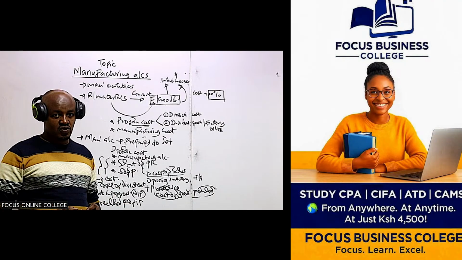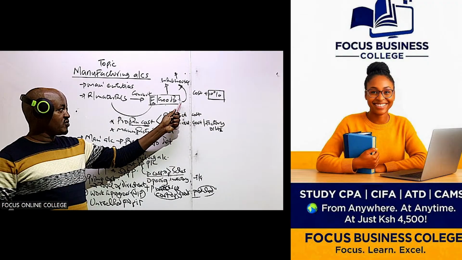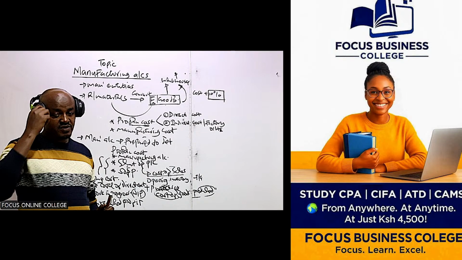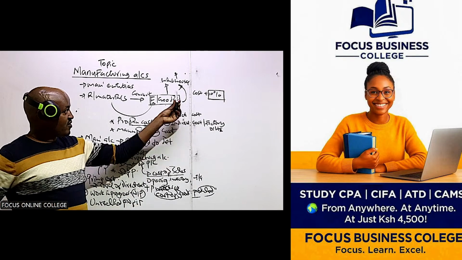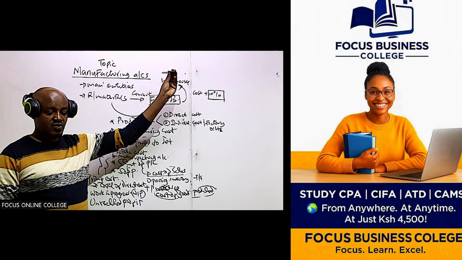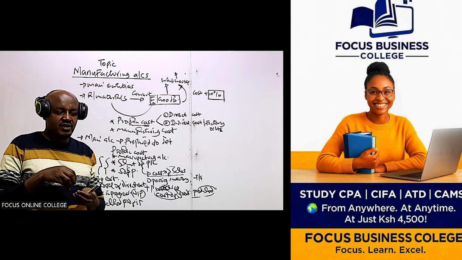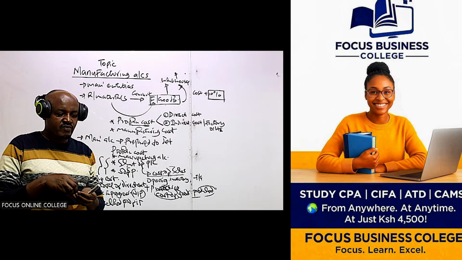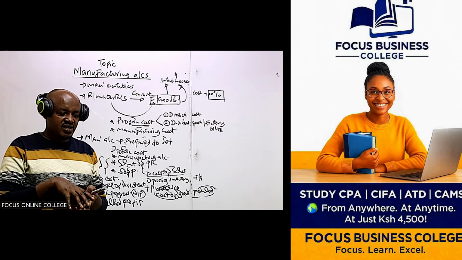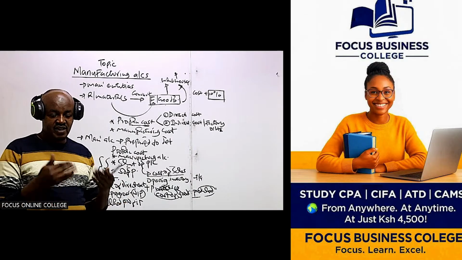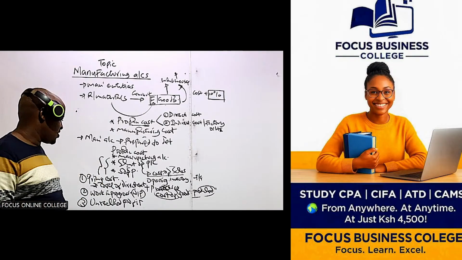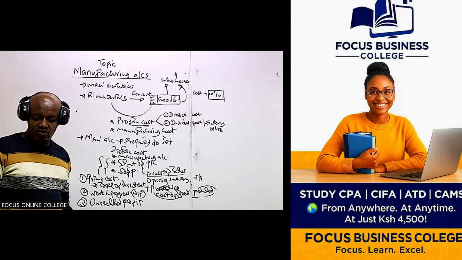But this profit was based on the goods which were manufactured and transferred to the warehouse, and therefore it can only be realized if all the goods transferred will have been sold to customers. But if some of the goods are not yet sold, then we have the aspect of unrealized profit.